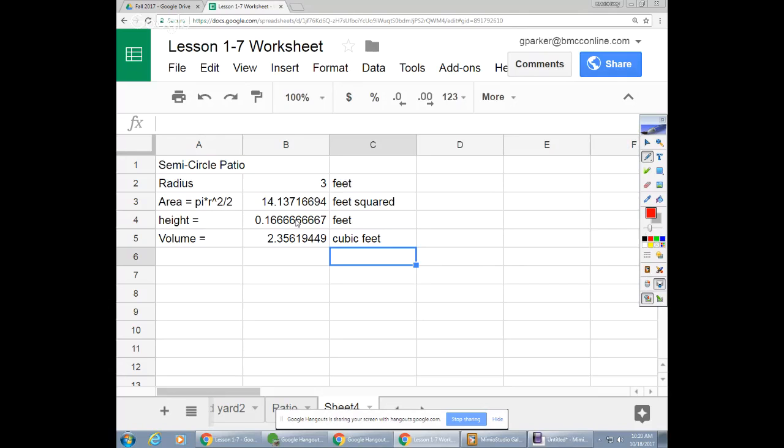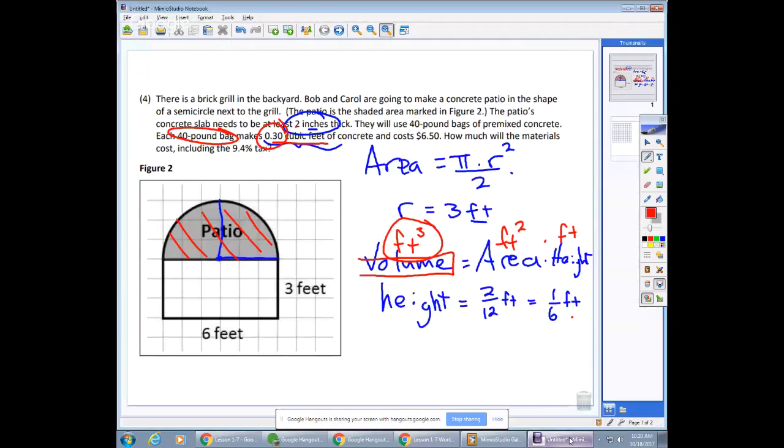Okay, so I got the volume. So let's see, where are we at? Looking back here, we know the volume now. I need to figure out how many bags I need. So I'm just gonna make a note about the bags. Pounds, it turns out that's an irrelevant fact about the bag. I don't need to know that, okay? Except I'd rather lift a 40-pound bag than a 90-pound bag when I have a choice.